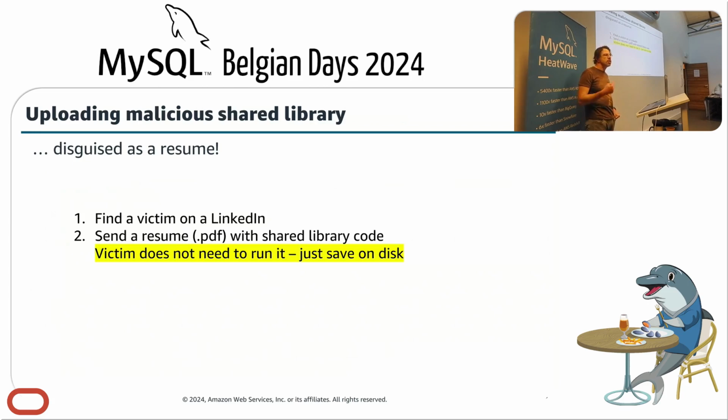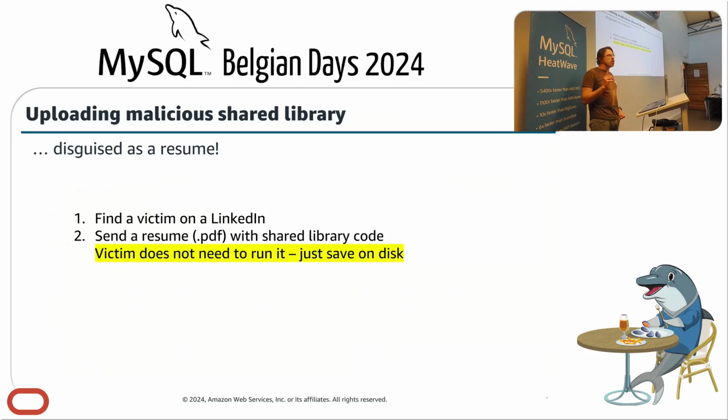So if I send you my resume on LinkedIn, what would you do? Right? You will not execute it. You will just save it in some location. Maybe if you're using a Mac, you will save it in Users, your name, Documents, right? And then my file name. I know my file name.